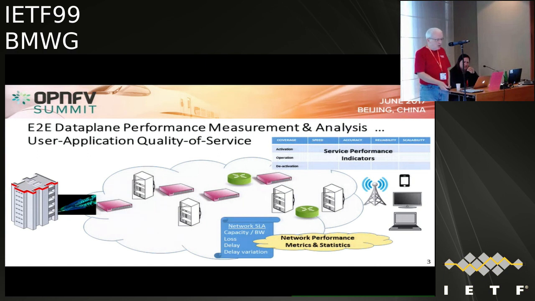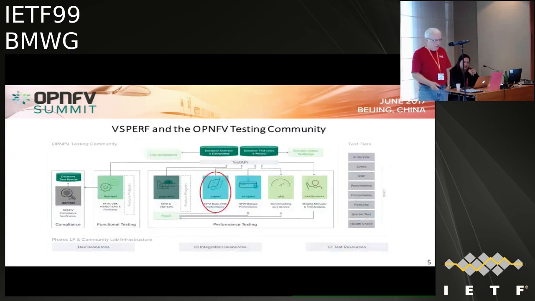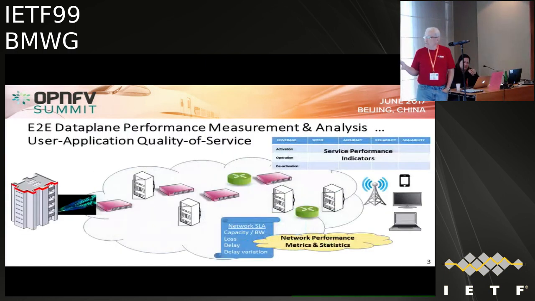So a vSwitch, which is a small component inside a server inside the network, is only going to have a really small contribution to the end-to-end performance, and that's the challenge here. If we're only looking at one switch at a time, we're going to be very demanding of vSwitch performance.